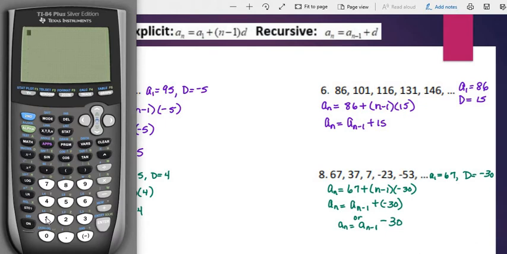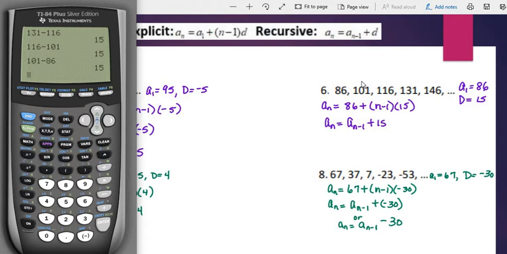Now, I'm going to put in 146 minus 131 and hit enter. 131 minus 116 and hit enter. 116 minus 101 is 15. 101 minus 86, and it is also 15. So my common difference is 15.